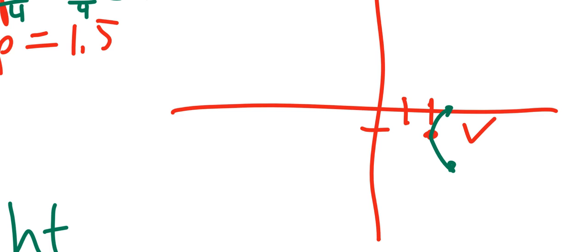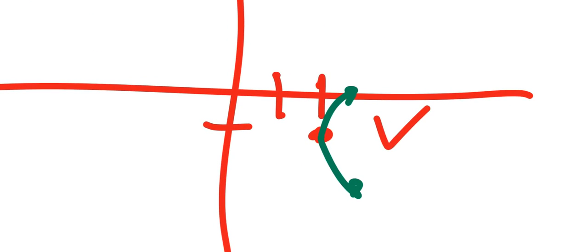And then now I need to find my focus. Okay? Where's my focus in life? How far do I go to the right to find my focus? 1.5. There's my focus. So from this center, you go 1.5 out.